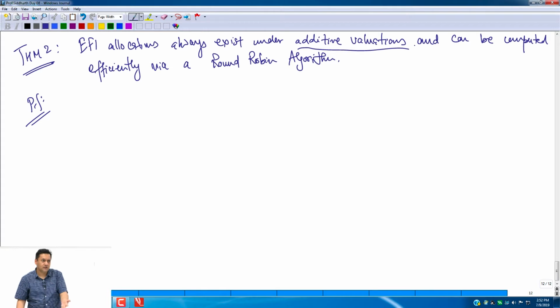Every agent comes to the buffet table, picks exactly one of these indivisible items, say the item that it likes the most, and goes back to the end of the queue. So it's just a round robin method. I go over these agents in a round robin fashion and let them select the choice good, one after the other.